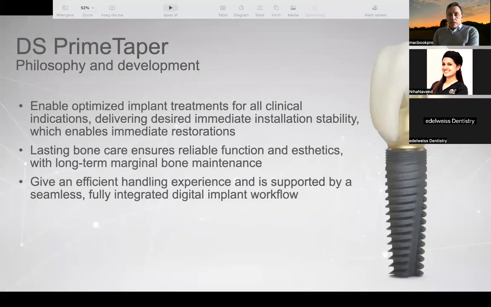In the case which I will show you immediately, we used a new implant, new for this area. This is the Astra implant, the new Prime Taper from Astra.